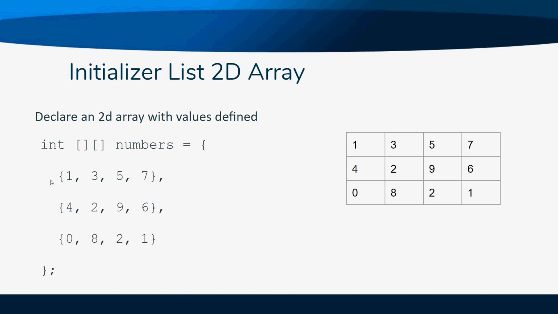So in this case, each one of these is an array, but then there are commas on each line, and we have an opening squiggly bracket and a closing squiggly bracket and a semicolon to separate out all these lines. And so we'll put this in position 0, 0 right here, and then 1 and 2 and 3, and so far and so forth. So this is just the syntax for declaring an initializer list using a 2D array. And it will automatically scale the 2D array to the values that you put in.